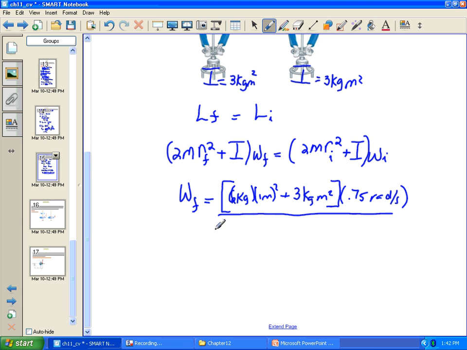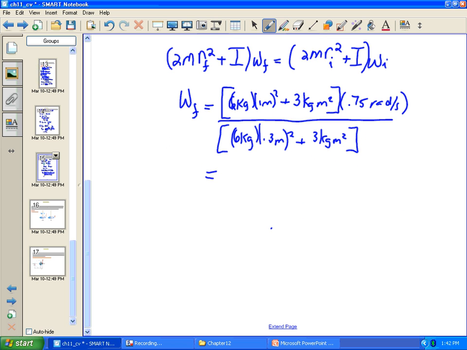Denominator: 2 times m, which again gives us 6 kilograms, times, this time, 0.3 meters squared, plus 3 kilogram meter squared.